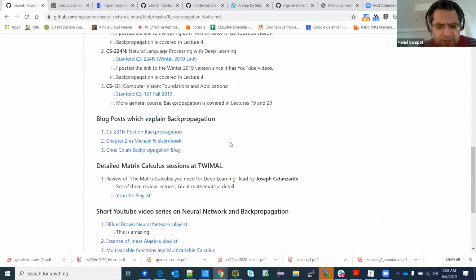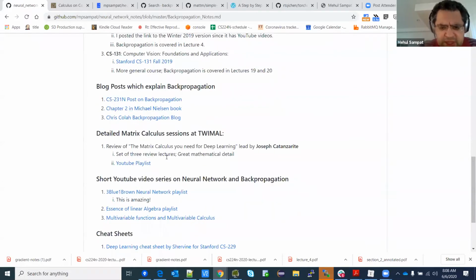Like last week, Joseph was leading the session. So you have the structured learning here, and you have these blog post versions. There is a PDF called Matrix Calculus You Need for Deep Learning, and Joseph led a great review session on this PDF.